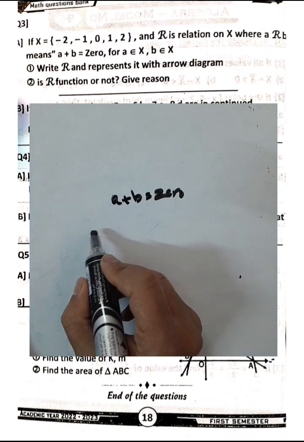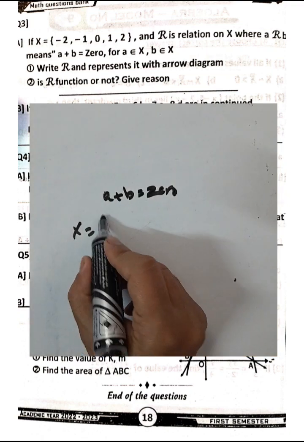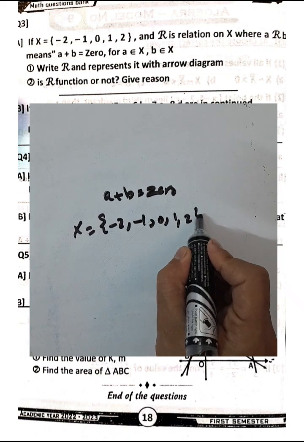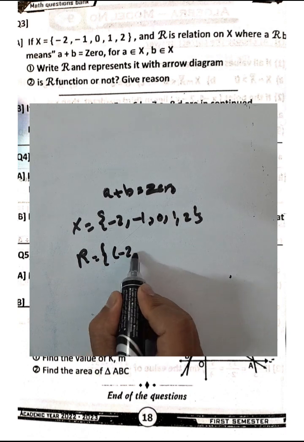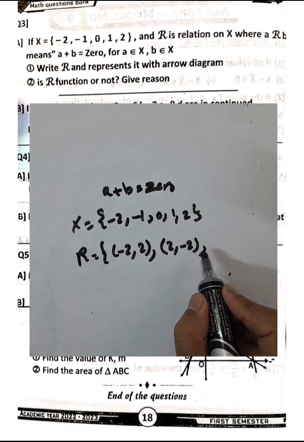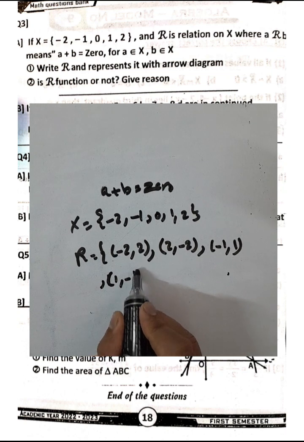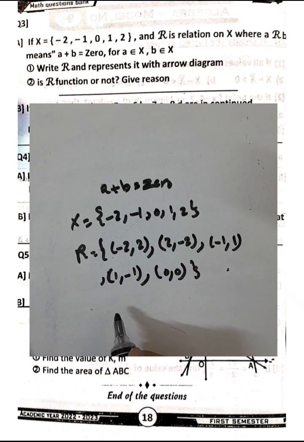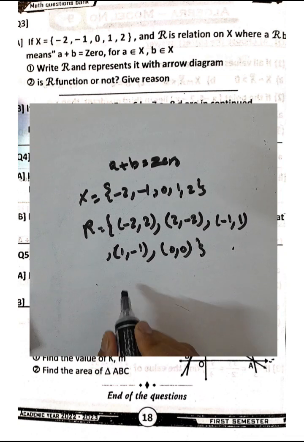We have first x equal to the set of -2, -1, 0, 1, and 2, and we can write the relation: (-2, 2), (2, -2), (-1, 1), (1, -1), (0, 0). It's a relation. Write the relation, okay, and draw its arrow diagram.